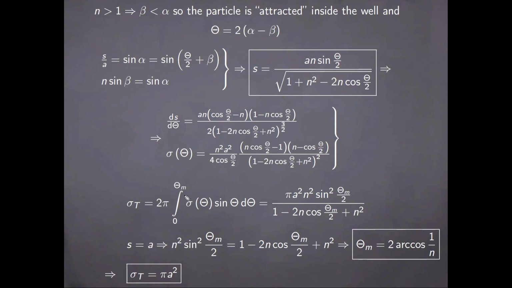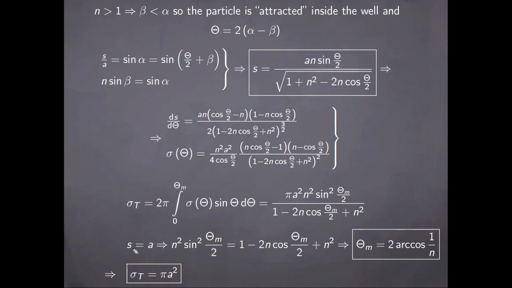What is important to note here is that there exists a cutoff angle, theta m. This corresponds to the value of the impact parameter which is equal to the radius of the sphere. If the impact parameter is greater than this value, then effectively no scattering takes place, as the particles can continue flying through space undeflected.